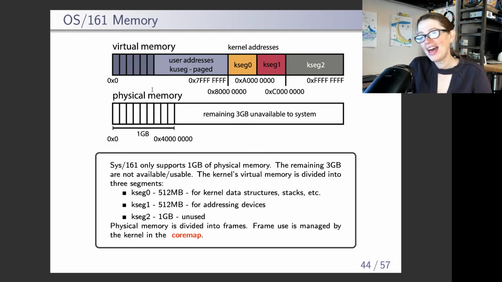So what we have is this structure called a core map, and it lives in the kernel. And the goal of the core map is to keep track of all of the pages of physical memory that are in use and that are free. And the idea is whenever you request a page, you ask the core map to give you a page. And whenever you free a page, you tell the core map to free it. OS 161 right now doesn't have a core map. You need to implement that for A3. But we'll talk more about it another day.